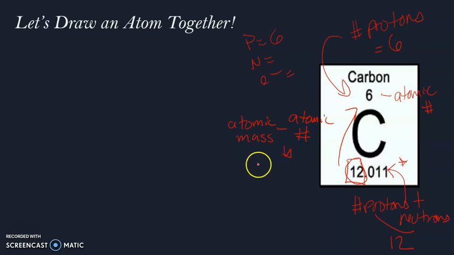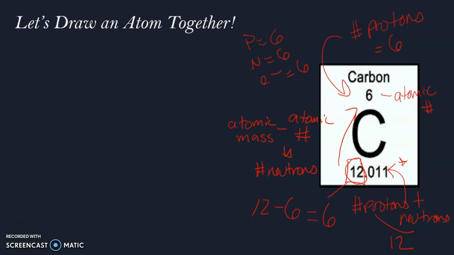What I get is my number of neutrons. So I take 12, subtract my atomic number 6, and I get 6. So I have 6 protons and now I've calculated 6 neutrons. And how do I figure out how many electrons? It's an atom, so it's electrically neutral. I have the same number of protons as electrons. So boom, 6 there too.